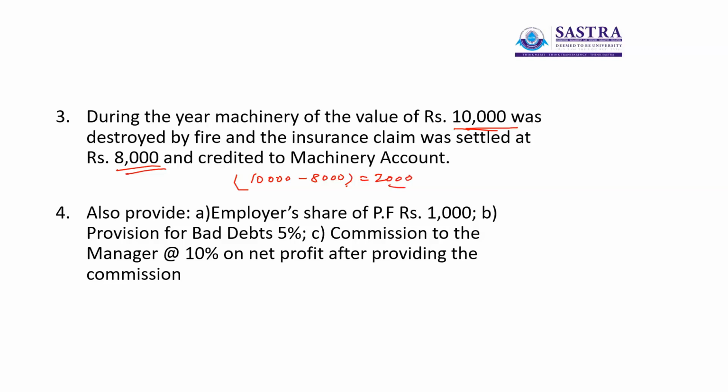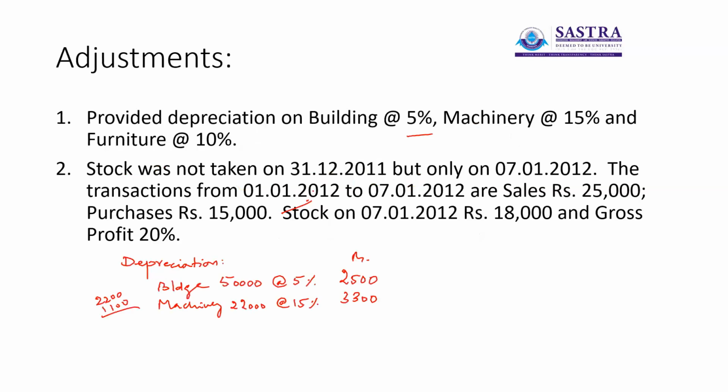So we have to subtract this amount and then calculate. So we cannot calculate here for 22,000. Instead, we have to calculate for 20,000 instead of 22,000. Why? Because 2,000 is loss, on which 15%.